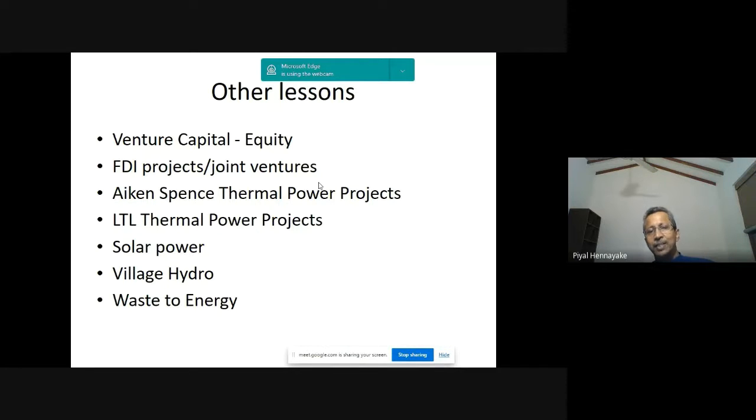Banks should finance mature or higher growth level projects, because they are more stable. And FDI projects, joint ventures, I think we find Aiken Spence thermal power projects, LTL thermal power projects, solar power, village hydro. There are several areas the banks can finance in project finance.